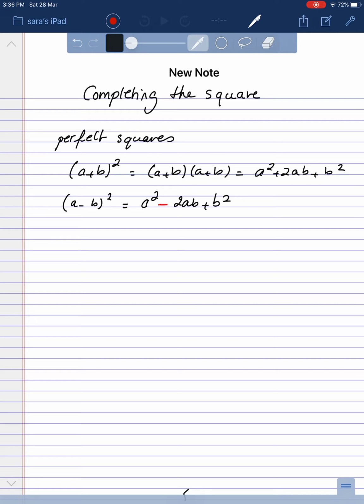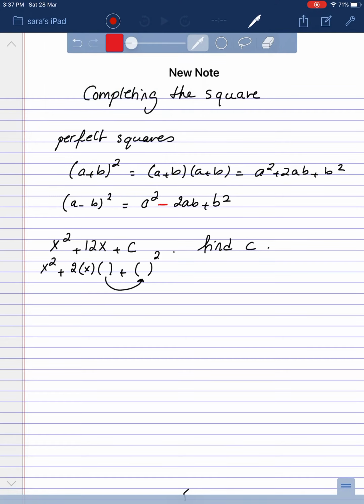Why do I want you to do this? For example, if I tell you we have x squared plus 12x plus, let's say this is c, and I tell you find c. By completing the square, you should know what this term should be in here. This one is x squared. This one should be 2 times x times a value. And then this c will be this value that you write in here, but we have to square it.